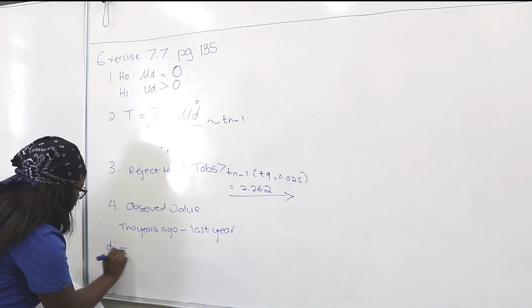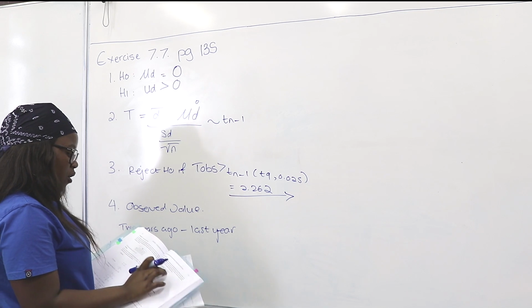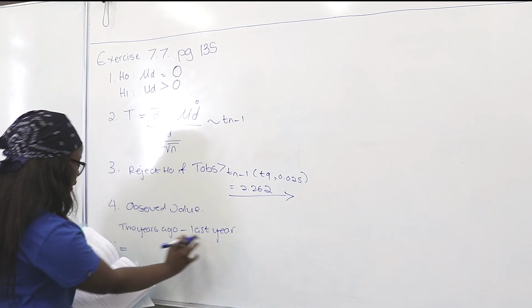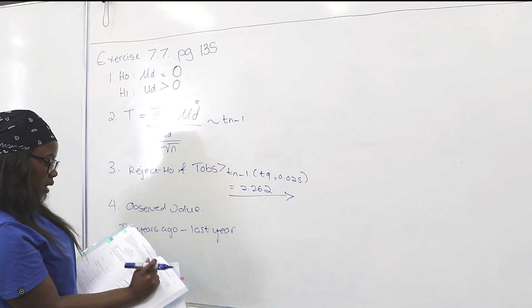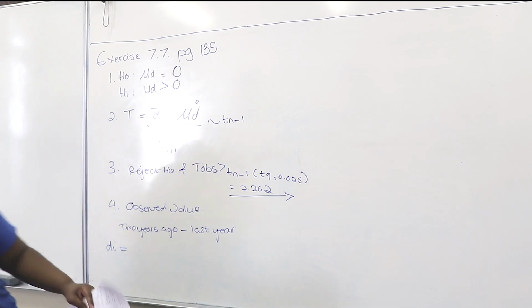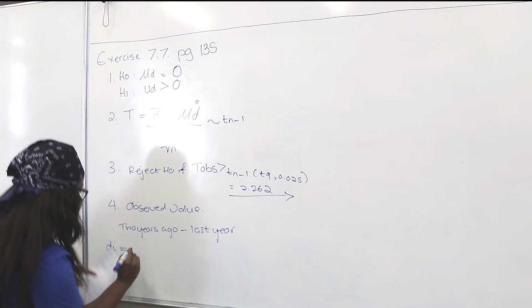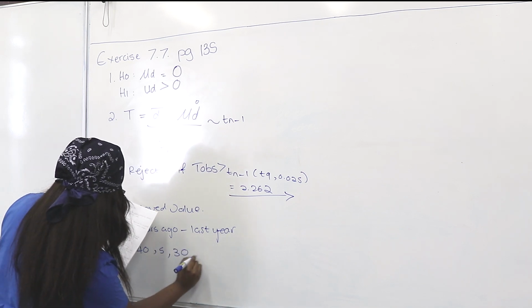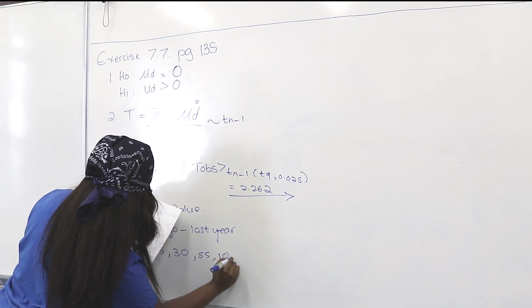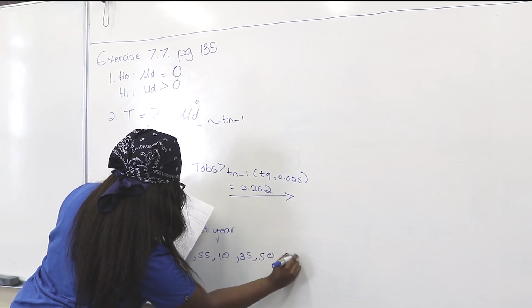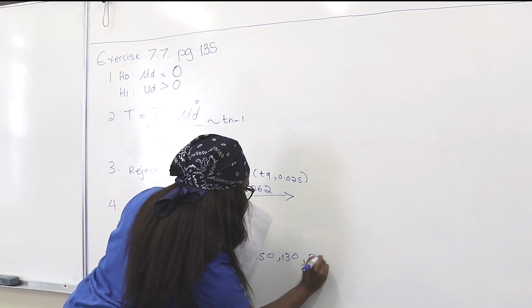So 200 minus 160, which would be in the first one, the second one 180 minus 175, and so forth. And so the values you get from there are 40, 5, 30, 55, 10, 35, 50, 130, 35, and 39.